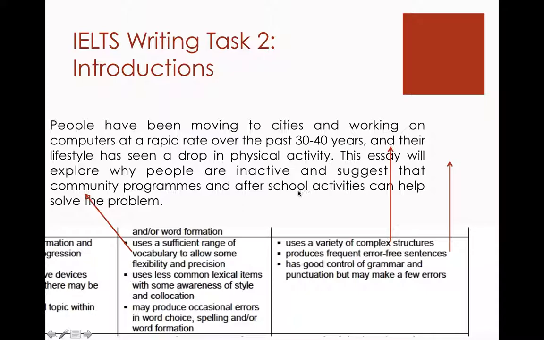Community programs, after-school activities, these are very common local ways of saying things that are happening in the society or in the local community. So it's not high-level academic language, but it shows that you have done some reading about this kind of topic, which you should do.